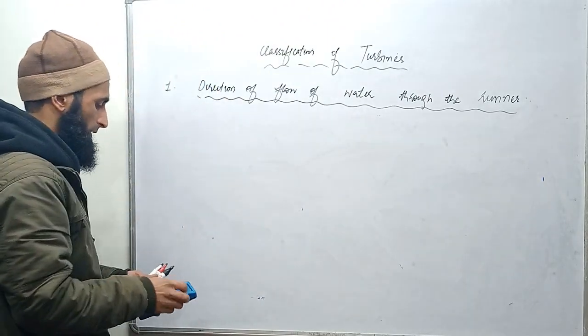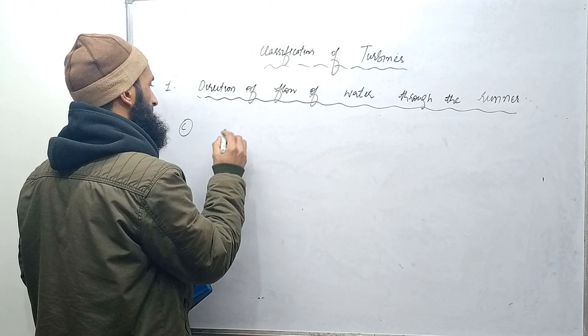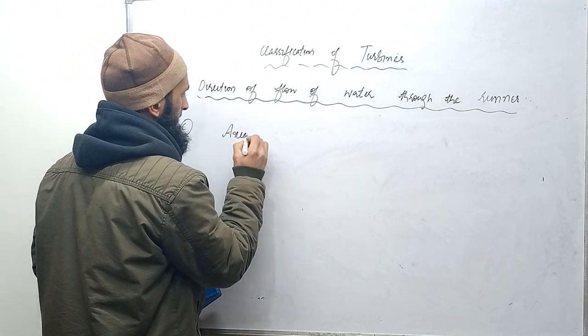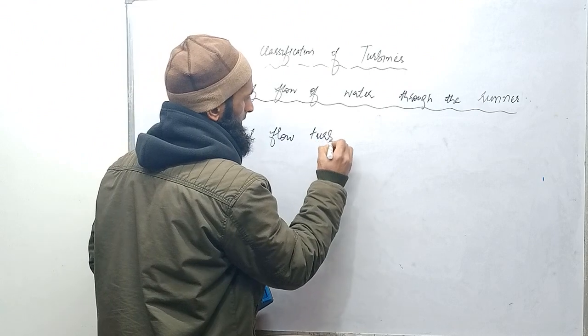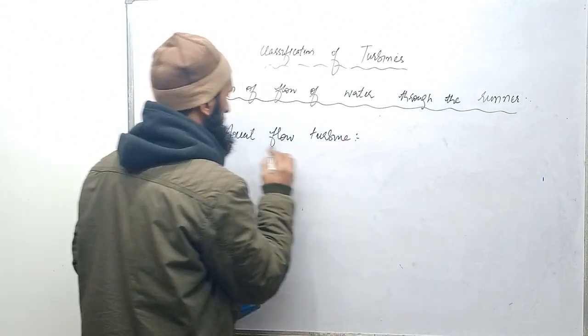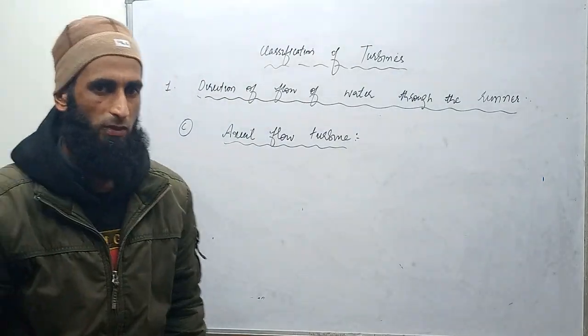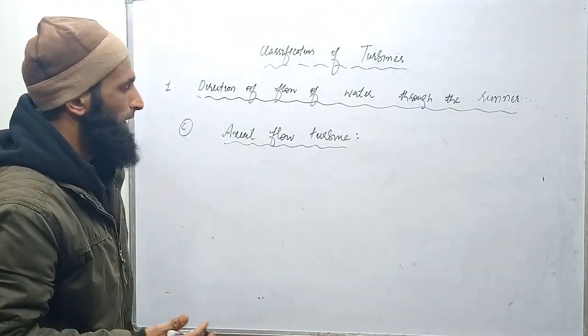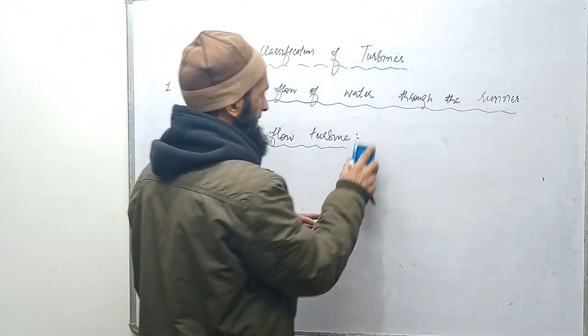Next type of turbine, C category in this case, is axial flow turbine. Guide wheels, runners, Pelton turbines, Francis turbines, and axial flow turbines, we are going to study them one by one in detail in the next lectures.